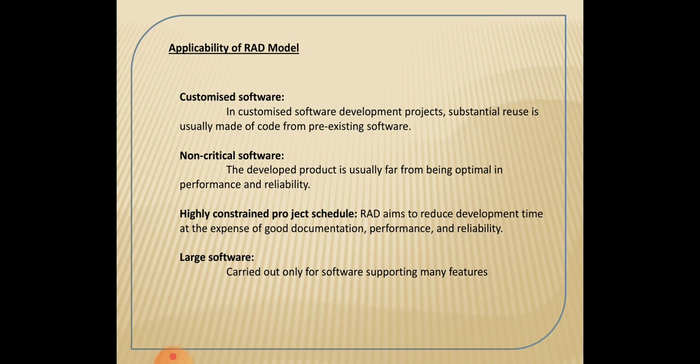Commonly, for projects with very aggressive time schedules, the rapid application model should be preferred. And only for large software, that is software supporting many features, can incremental development and delivery be meaningfully carried out.